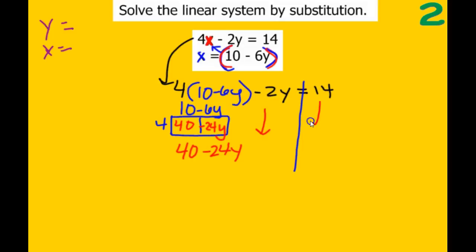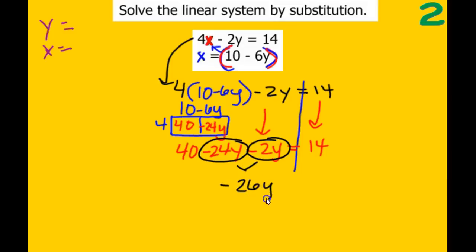And then don't forget the rest of your equation. Minus 2y equal to 14. So we're going to combine our like terms. Don't forget the negative. A negative 24 and a negative 2. They're all negatives. That's a negative 26y. The 40 out front still.